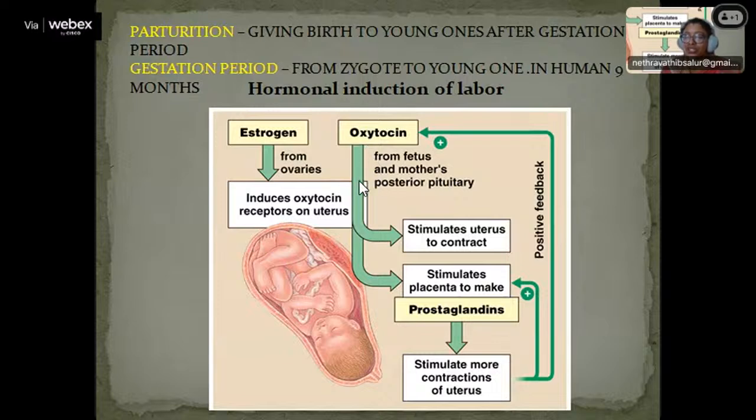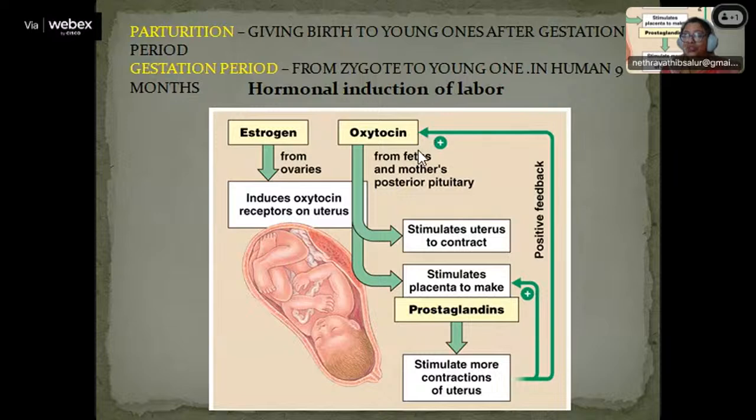Now, these estrogens will induce the formation of oxytocin receptors on the uterus. Means these estrogens will make the uterus accept the oxytocin. What is oxytocin? Oxytocin is a birth hormone which is produced by the posterior pituitary gland.